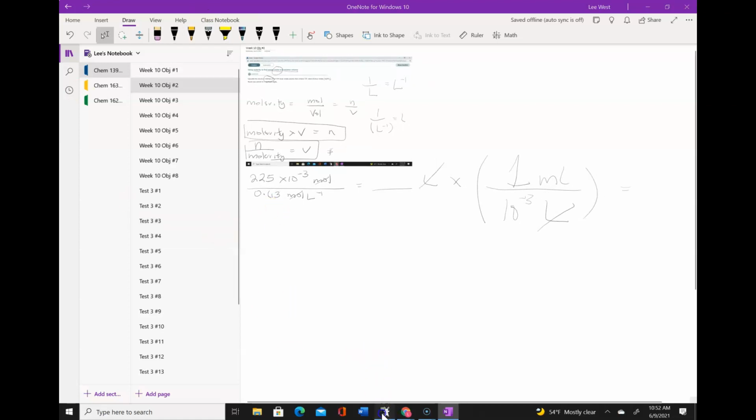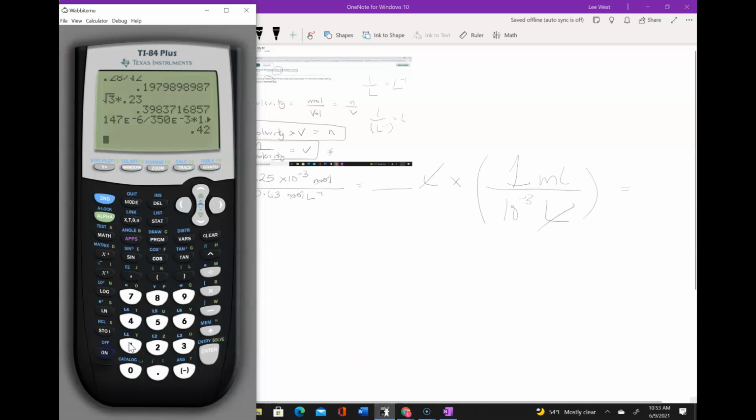So this is pretty simple. 225 times 10 to the minus 3 divided by 0.43, and that's going to give me my answer in liters, and then I've got to times that by 1 over 1 times 10 to the minus 3. There we go.